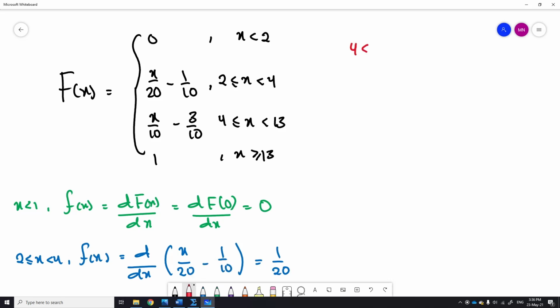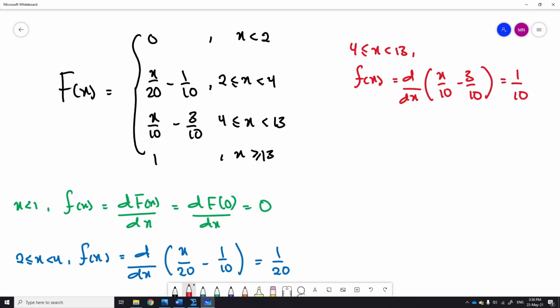For 4 less than or equal to x less than 13, f(x) equal to d/dx of x over 10 minus 3 over 10, which equals 1 over 10. And for the region x bigger than or equal to 13, f(x) is equal to d/dx of 1, so we have it equal to 0.